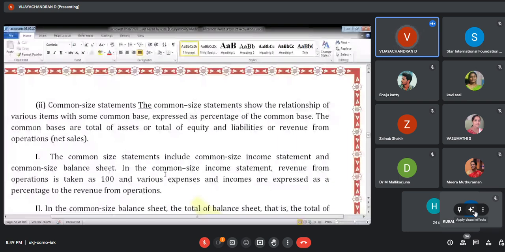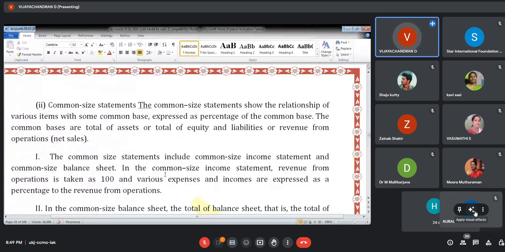So all other items will be expressed on the basis of sales. In the case of balance sheet, the total assets will be taken as 100, and the shareholder fund, borrowings, current liabilities, everything will be based on the total liabilities. So that is known as common size income statement or common size balance sheet.